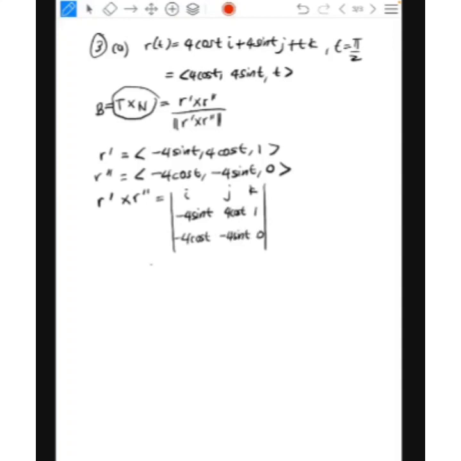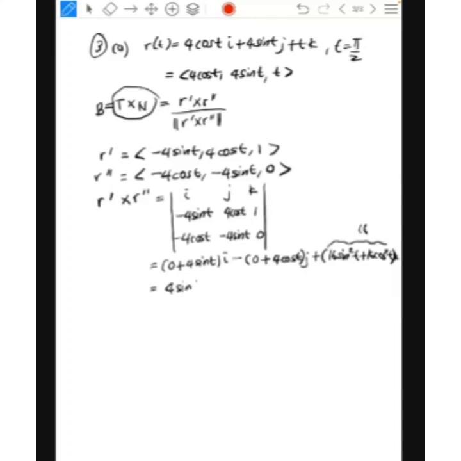Okay, for I it will be 0 minus minus plus 4 sin T, I. Minus for J it will be 0 minus minus will be plus 4 cos T, J. And then for K it will be 16 sin squared plus minus minus plus 16 cos squared T, K, which will be 16 only.